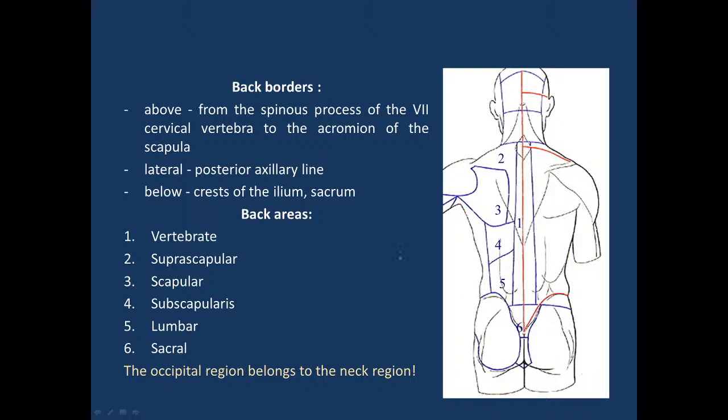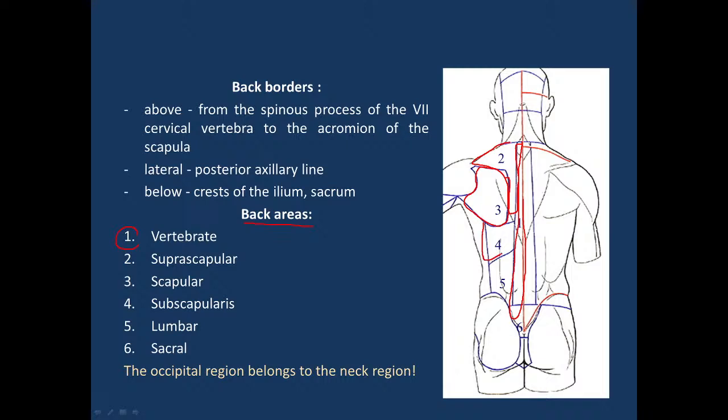And you see 6 back areas or regions. First, we call the vertebral area. It is here. Second area is the suprascapular area. Then, in projection of the scapula lies the scapular area.